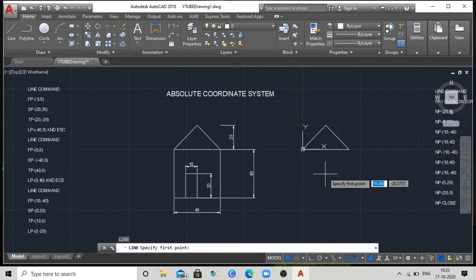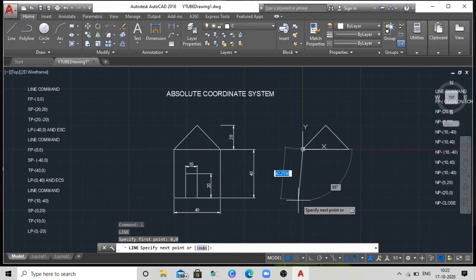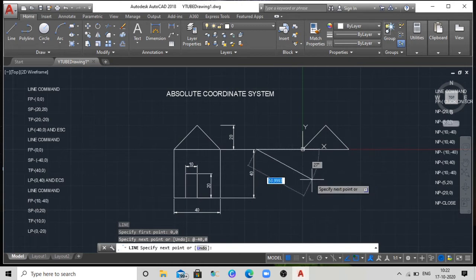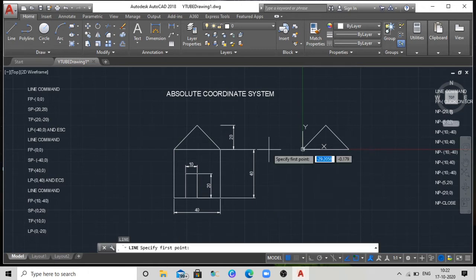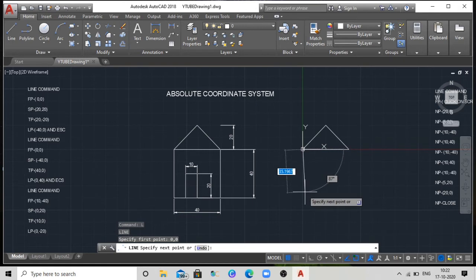And again take the line command. First point equal to 0,0. Second point equal to -40,0. Sorry, it came here by mistake. Line command, 0,0. Second point will be 0,-40.